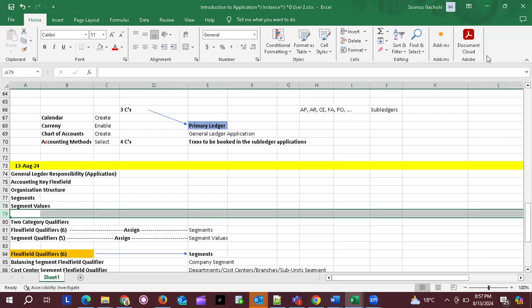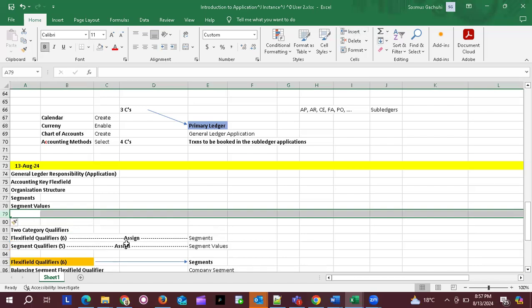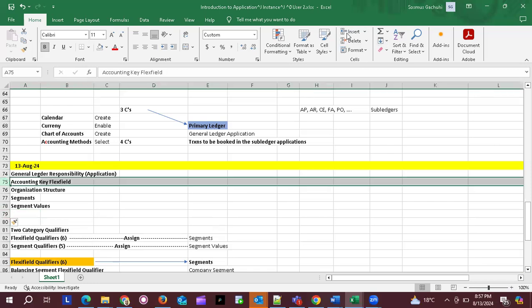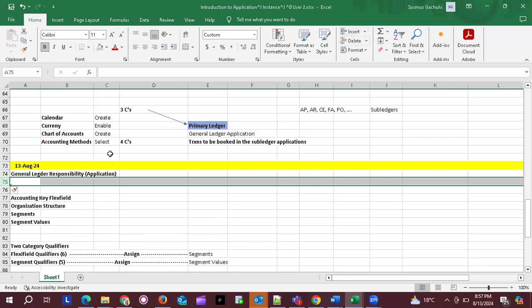So what is the navigation? I want us to write down the navigation.